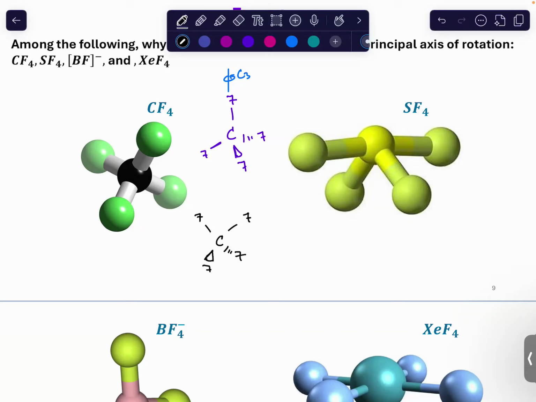Two in the plane, forward and back, makes it easier to see that right here there's a C2 axis. But there's really nowhere in there that you can put a fourfold rotation. Anywhere you try to rotate it by only 90 degrees, you're not going to get an identical, superimposable molecule back.